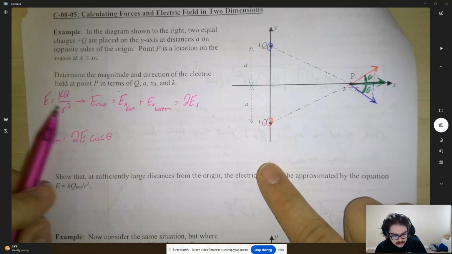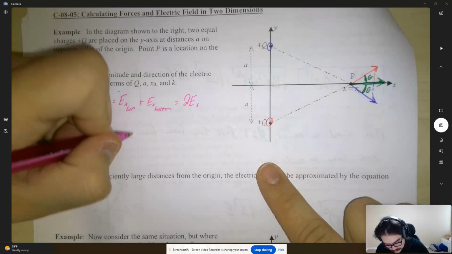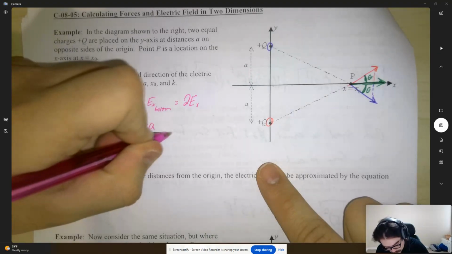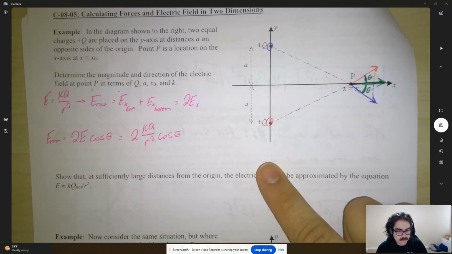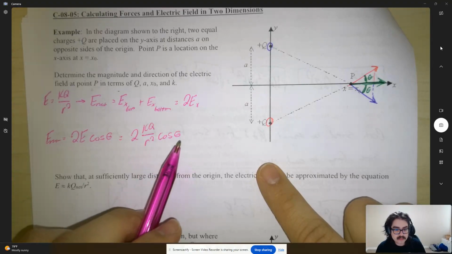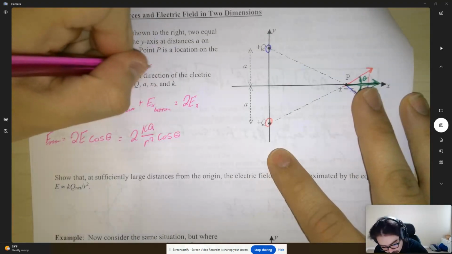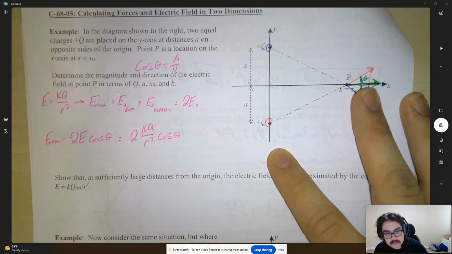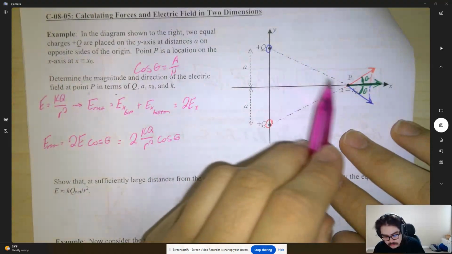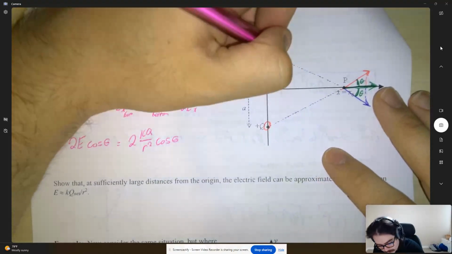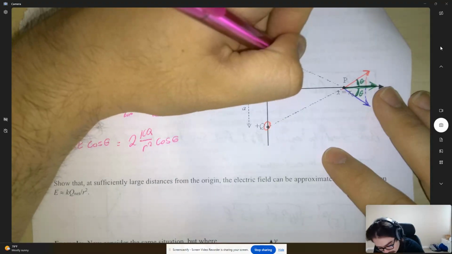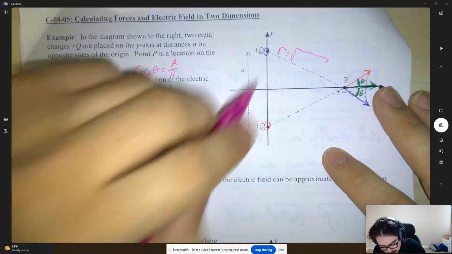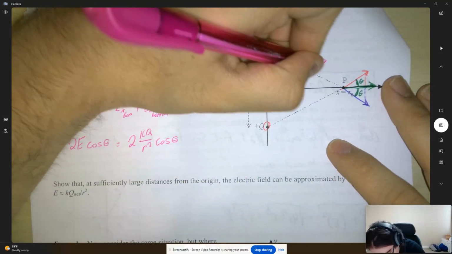And we already know that E is equal to kq over r squared, so this is just going to be 2kq over r squared cosine theta. Okay? And I can actually replace cosine theta because cosine of theta is equal to adjacent over hypotenuse, right? The hypotenuse is going to be, I'm going to call this the distance r, which is going to be root x naught squared plus a squared.